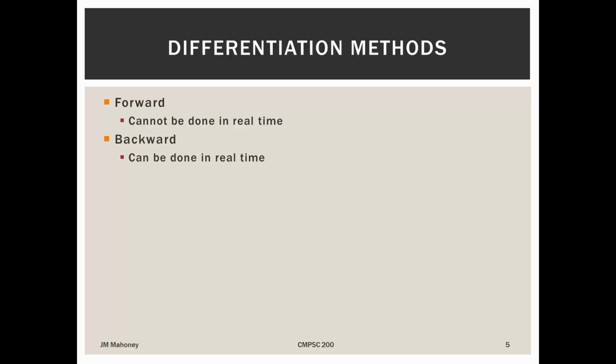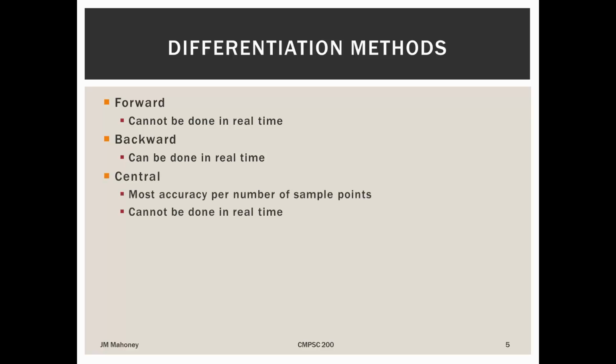In contrast, backward differentiation can be done in real time, because again, referring back to those equations we just looked at, in order to conduct the backward difference, if I want to know the derivative at a point in time, then I need to know its functional value at that point of time and the function value at the previous point in time. So in real time, we can use backward differentiation since we know everything that happened before our current state in time.